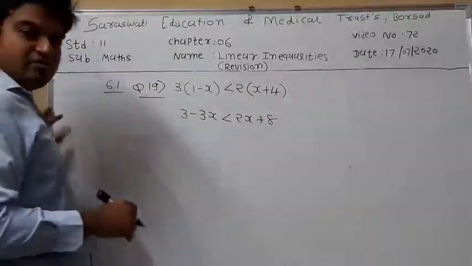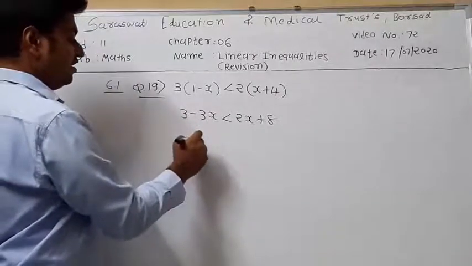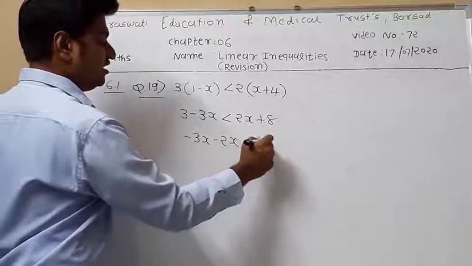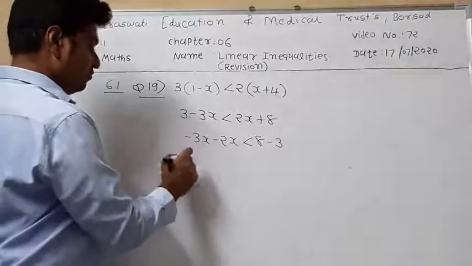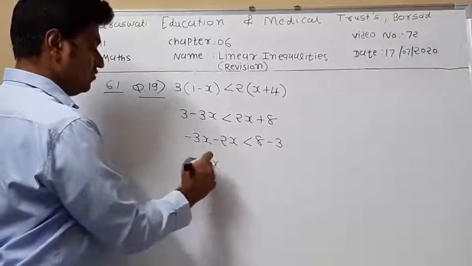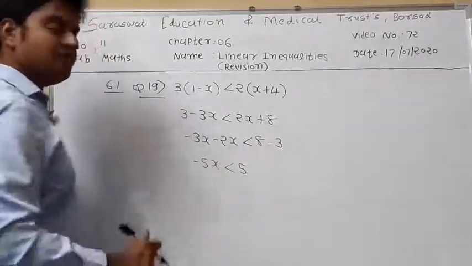Now write the x terms on one side and the remaining constant terms on the other side. So minus 3x minus 2x less than 8 minus 3. Therefore minus 3x minus 2x, that means minus 5x, less than 8 minus 3, that means 5.